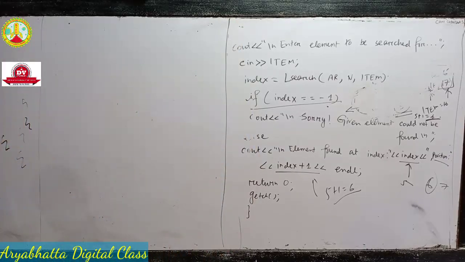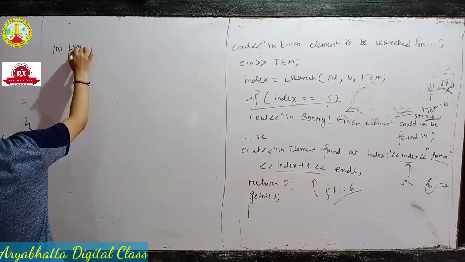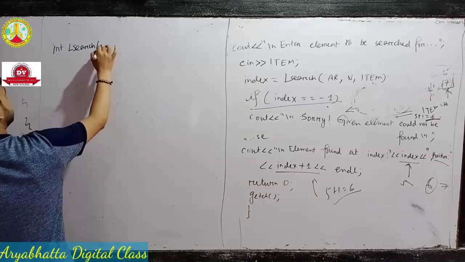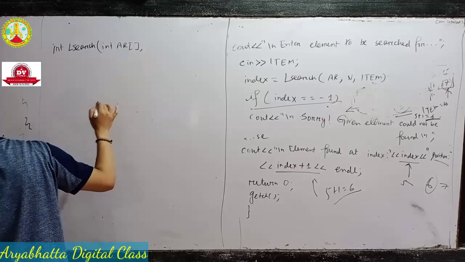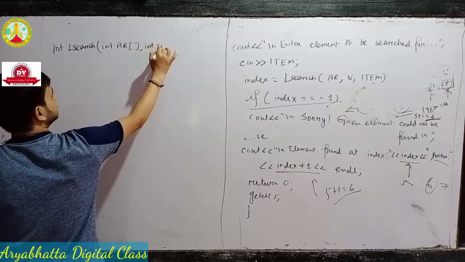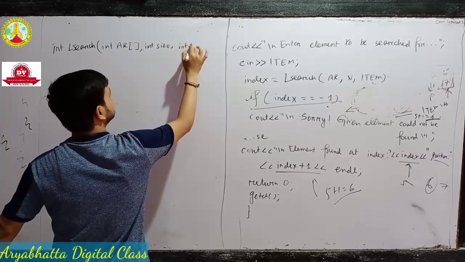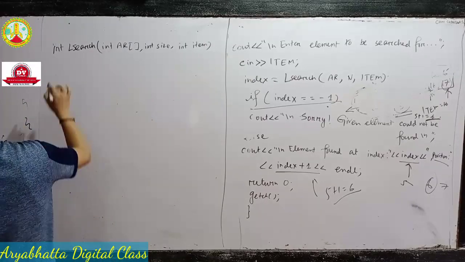After that, we have to define the function definition. You see: int array, int size, and int item.